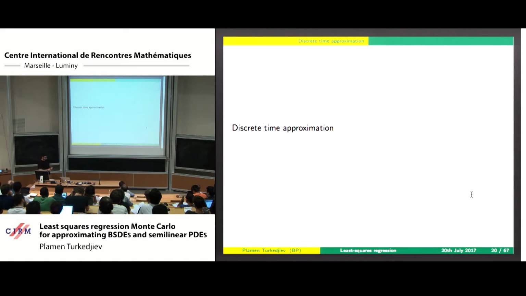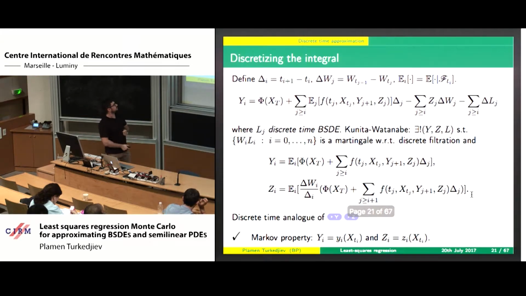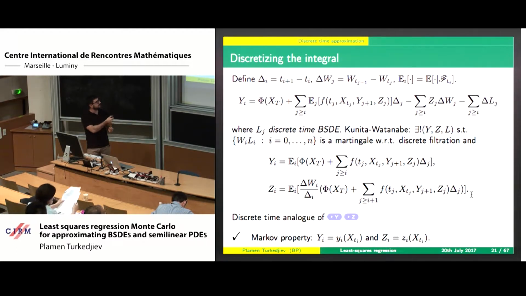Okay, so now I'm going to take one step further toward our fully implementable formulation, and I'm going to discretize the Lebesgue integral. My first guess for doing this is pretty simple: I'm just going to discretize the Lebesgue integral on the time grid that I've already used to discretize my loss function. Okay?